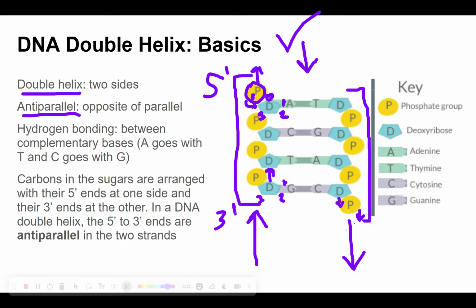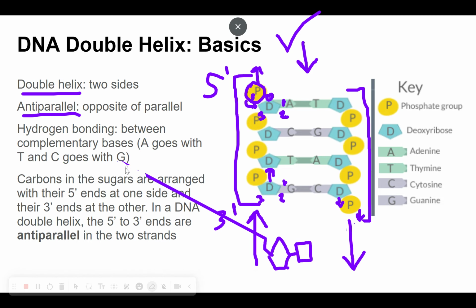So when you're drawing this DNA double helix, you want to make sure that you keep the sugars pointed the right way. So like that sugar is pointing up. 1, 2, 3, 4, off the 5th. Oh no, I don't know why it does that sometimes.